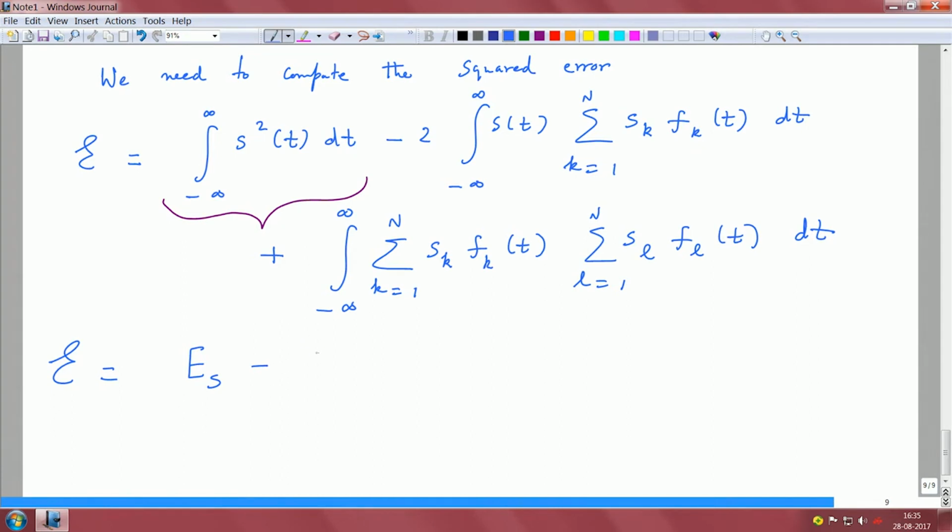You just land up with sigma k equals 1 to n, and when you take this integral, the inner product of s(t) with fk(t), you get sk there.